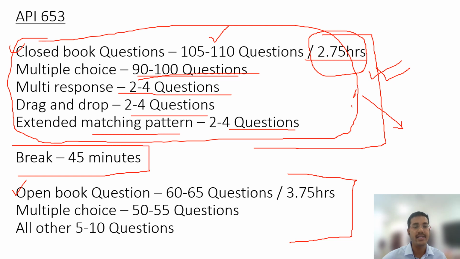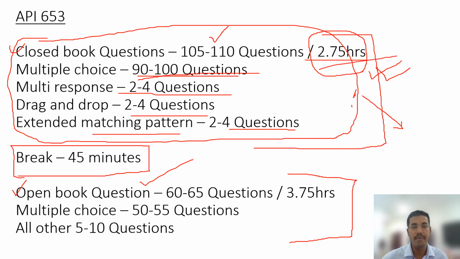You may ask, if you complete your closed book questions before 2 hours 45 minutes and you are ready within 10 or 15 minutes to start the open book questions, can you go for that? Yes, you only have to inform the examiner who is taking your examination remotely, and they will allow you. But the basic recommendation given by API is 2 hours 45 minutes.